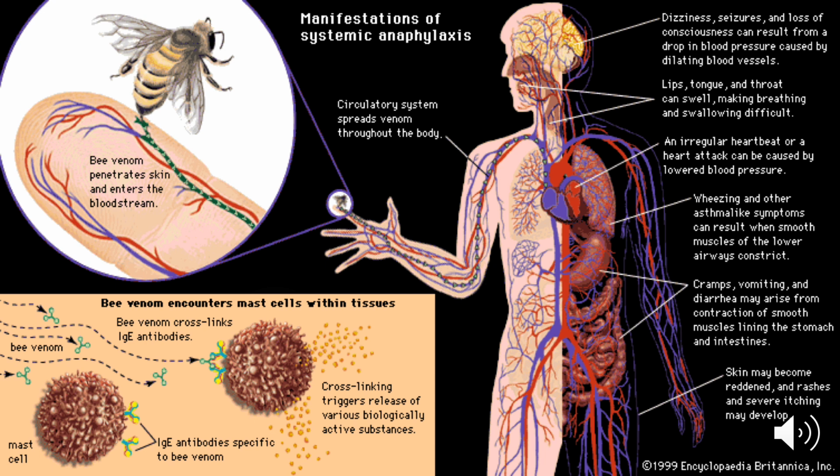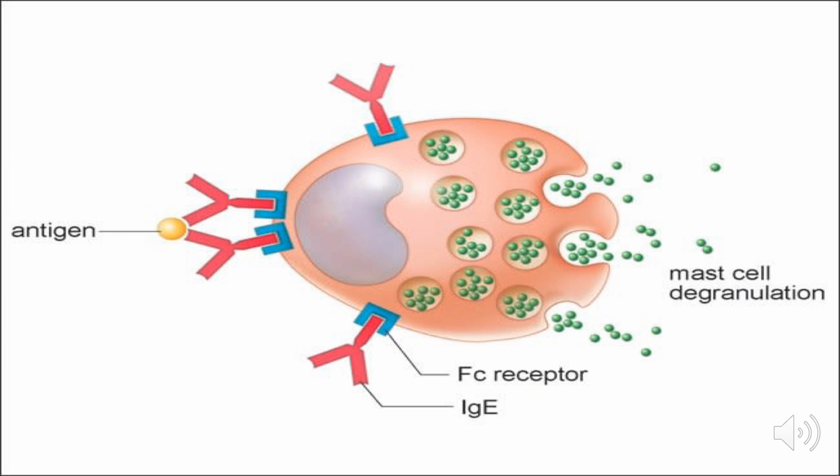What I want you to understand from this picture, after the cross-linking of one allergen and two IgEs, the histamine will be released. But I hope you understand that the mast cells are preformed, meaning you only have a limited amount of histamine in the cytoplasm of the mast cells.